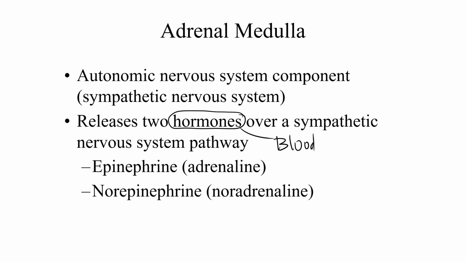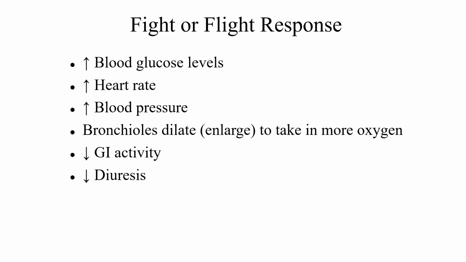And that's how these particular hormones can cause a systemic response. We know that the epinephrine and norepinephrine hormones bring about a fight or flight response. We discussed this back in Bio 210 as well. We know this is the response of the sympathetic nervous system to things like emergency, excitement, exercise.